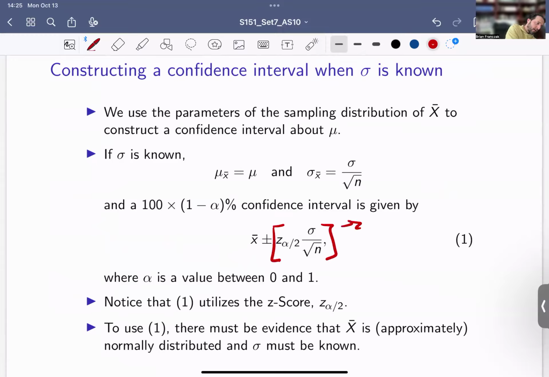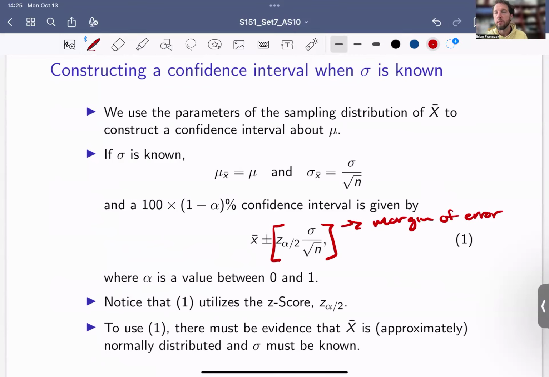Okay, so this part is the margin of error. Now, again, this is only true when we know sigma, when we are given the population standard deviation.